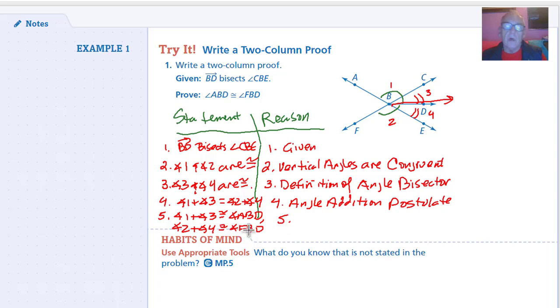And that would just be definition of congruent.